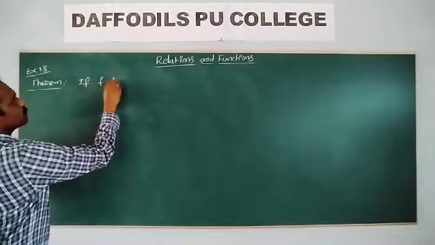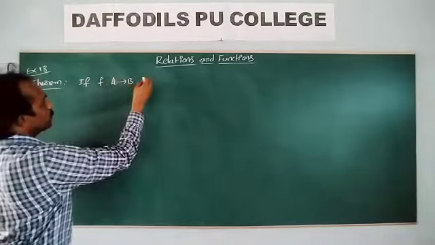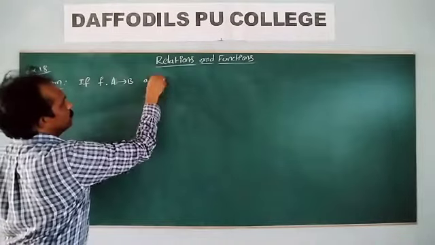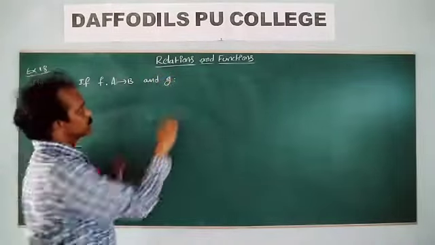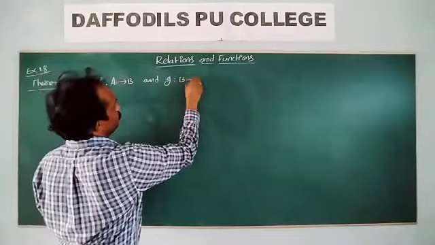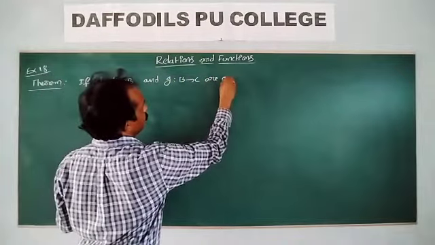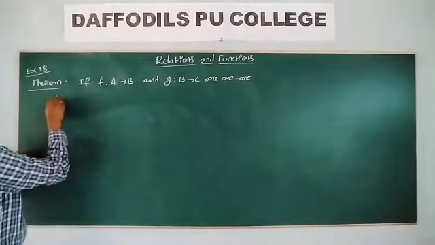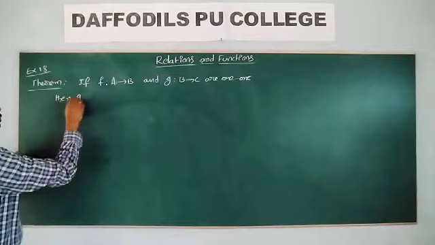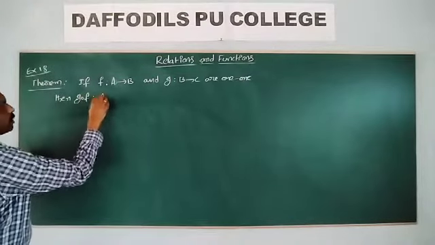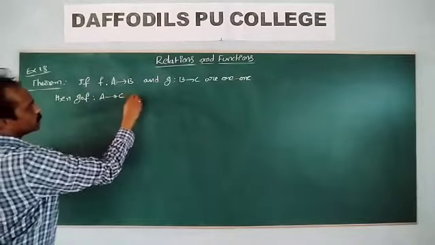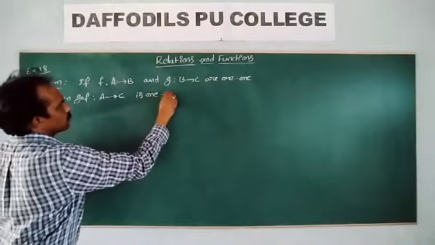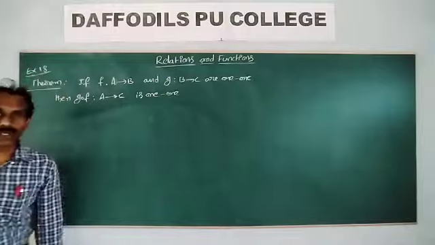If f maps A to B and g maps B to C are one-one functions, then g circle f maps A to C is also one-one.